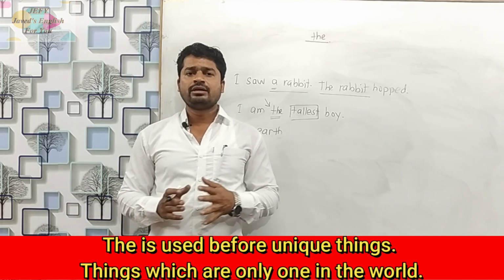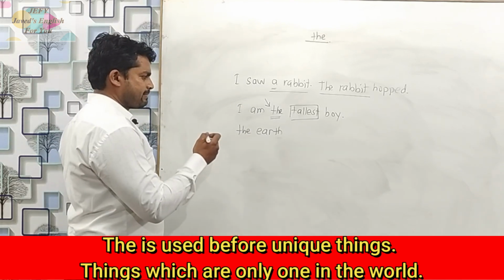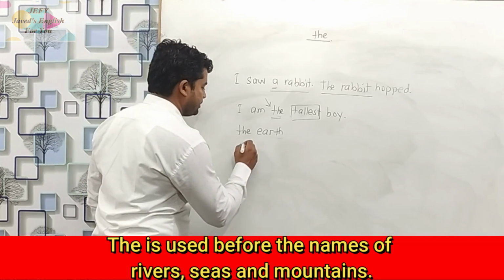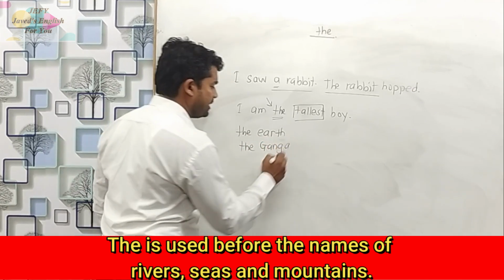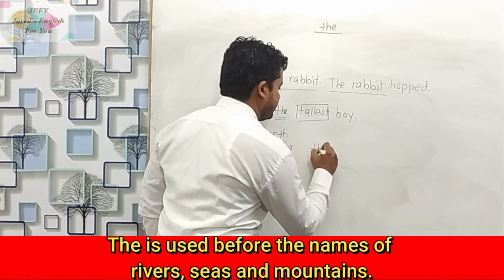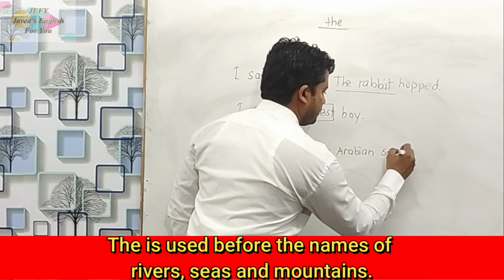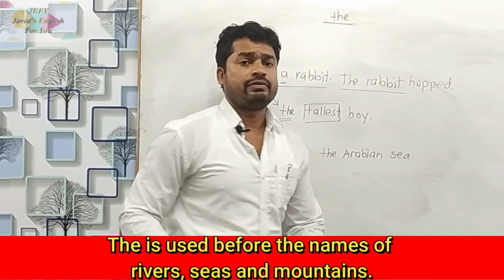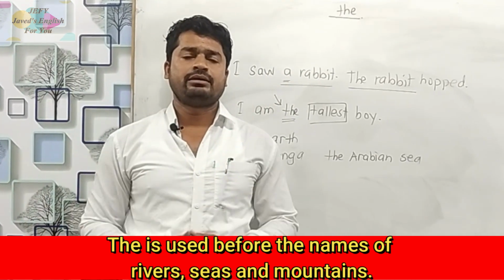You have to say the sun, the earth, the moon in this way. Apart from this, if we are describing rivers, then we can use like the Ganga. You cannot say Ganga, you have to say the Ganga, or the Arabian Sea. Before the names of rivers or seas or even mountains, we have to use article the.